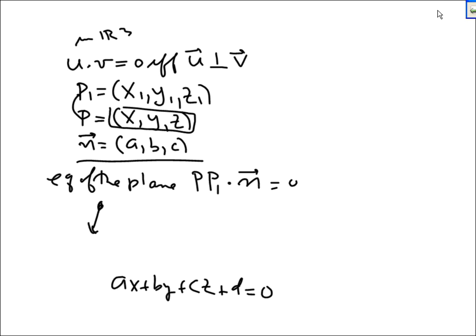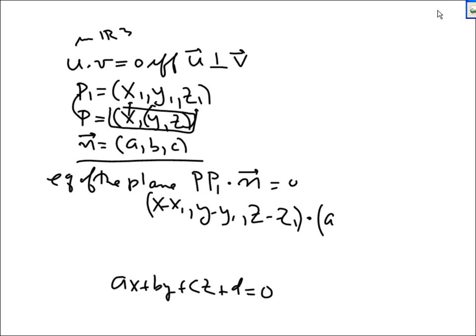But what is p to p1? Well, it's x minus x1, comma, y minus the y value, y1, comma, z minus z1. And now I dot this with n, which is a, b, c. And I'm supposed to get 0. If I don't get 0, then this point x, y, z was not on the plane.